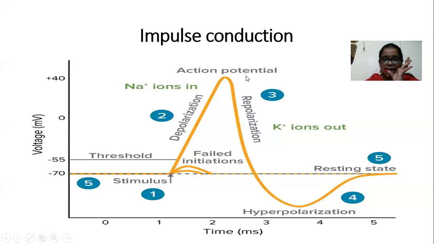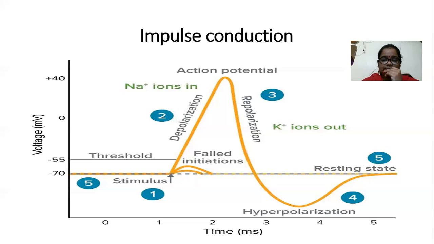So exactly what is action potential? When the neuron is in the resting condition and a stimulus is applied, the resting membrane potential of the neuron, which is minus 70 millivolts, increases to plus 30 or plus 40 millivolts.